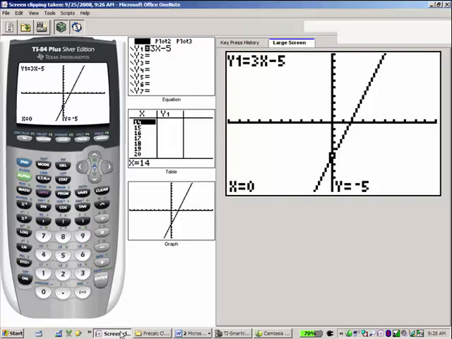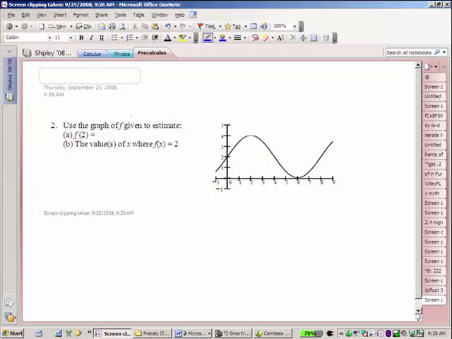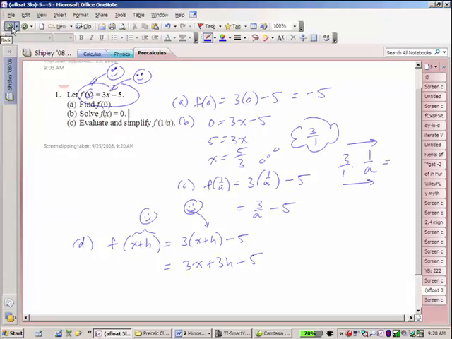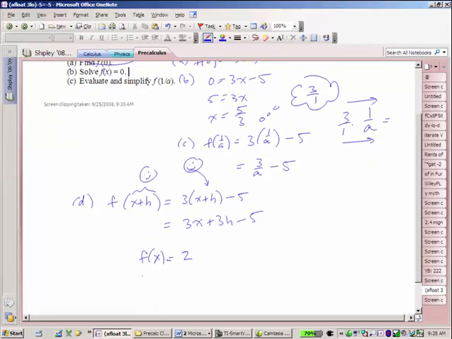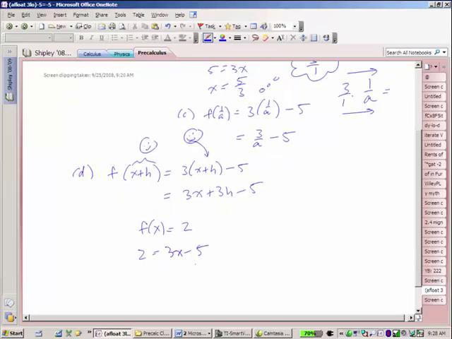But suppose I asked you to solve the equation, when does f of x equal 2? Well, you'd say, all you have to do is do 2 equals 3x minus 5, add 5 to both sides, divide by 3, you get 7/3.